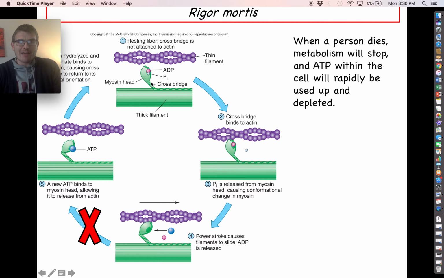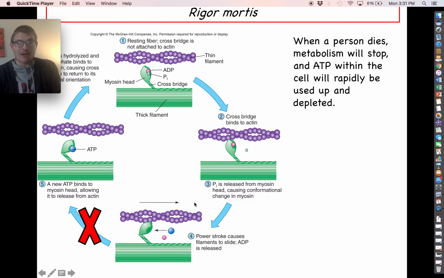So we have not yet formed a cross bridge, but moving from 1 to 2 here, we'll just go ahead and assume that we've gotten our calcium and troponin has moved tropomyosin out of the way. So here you can see that myosin is now able to form a cross bridge with the actin thin filaments. As soon as that binding occurs, we get our power stroke down here at number 4.